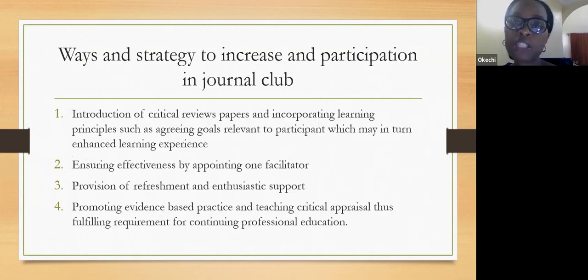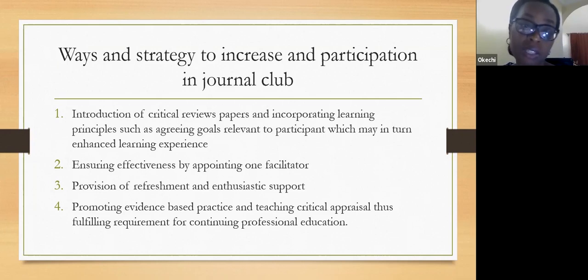Okay, ways and strategy to increase the participation of people in journal clubs. Okay, we have to introduce critical review papers and incorporate learning principles that agree with the goals. In essence, the choice of the papers that were reviewed will have to achieve goals that are relevant to the expectation of the participants. And we have to ensure effectiveness by appointing one facilitator.